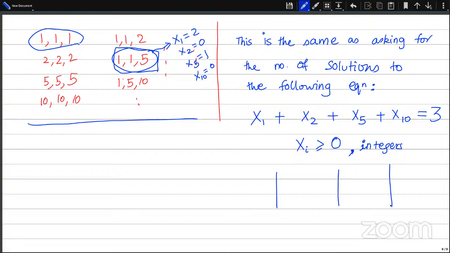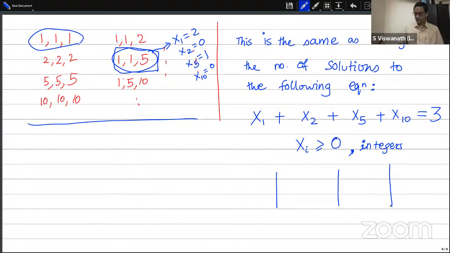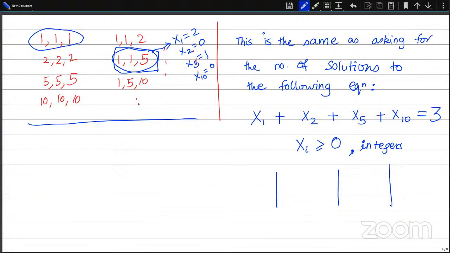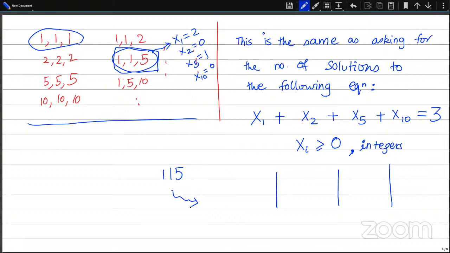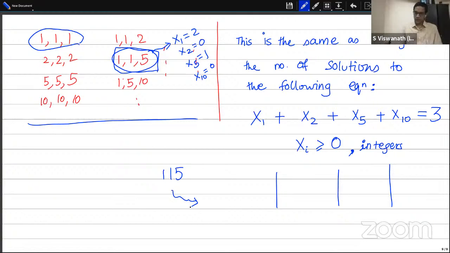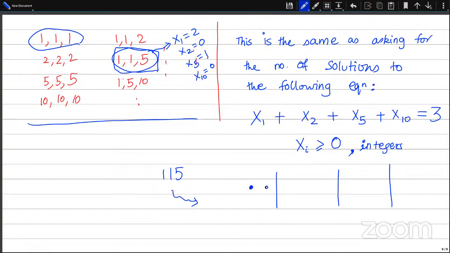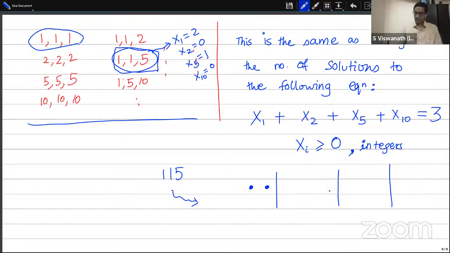Okay, sounds good. Now, if I'm taking the selection 115, on the left of the first line, I am putting 2 dots. Okay, fine. Now suppose my second box is for 2 rupee coins. It's empty, so don't put anything.